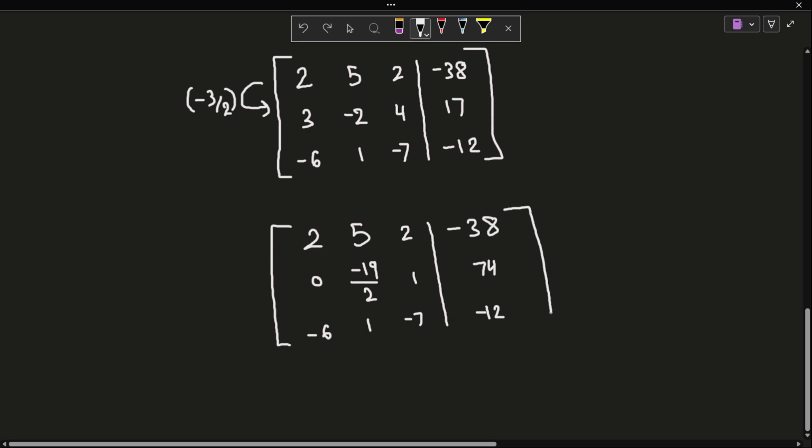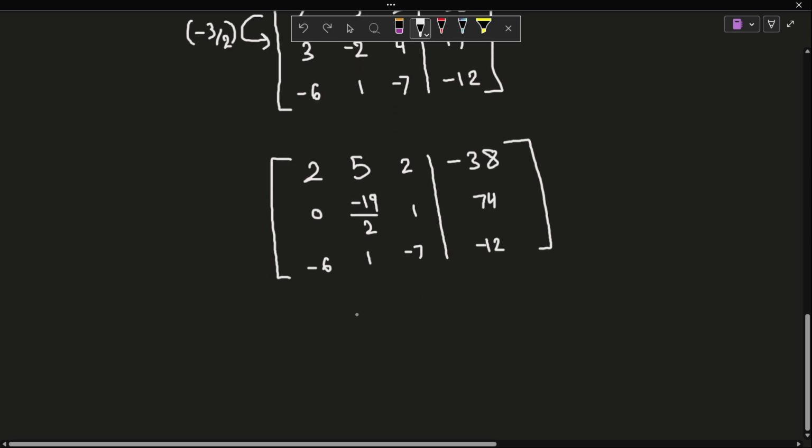Now, on step 2, first we've got to get rid of the minus 6 here, and then in the next step we can get rid of this 1, or whatever that 1 turns into. So for this one, we're just going to subtract this minus 6 using this 2 here.